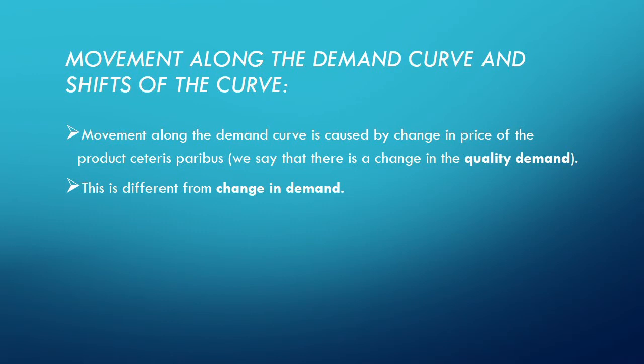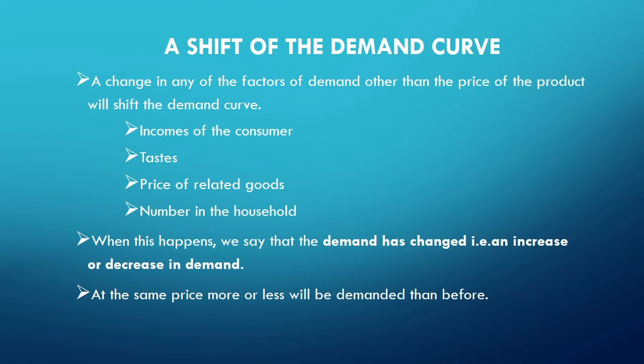Whenever we talk about a change in demand, we are referring to a shift of the demand curve. In this case, the demand curve will either shift to the right or to the left.